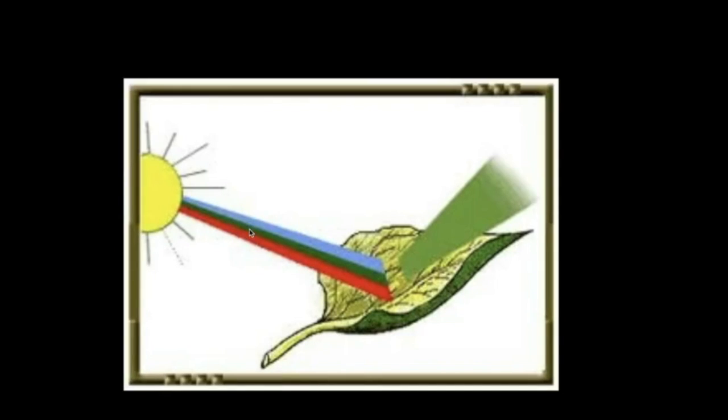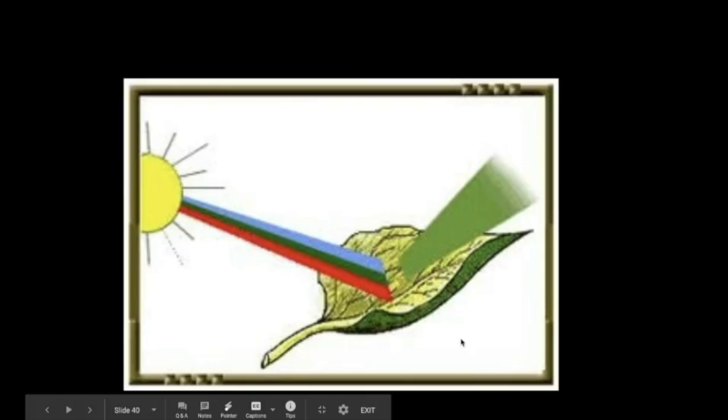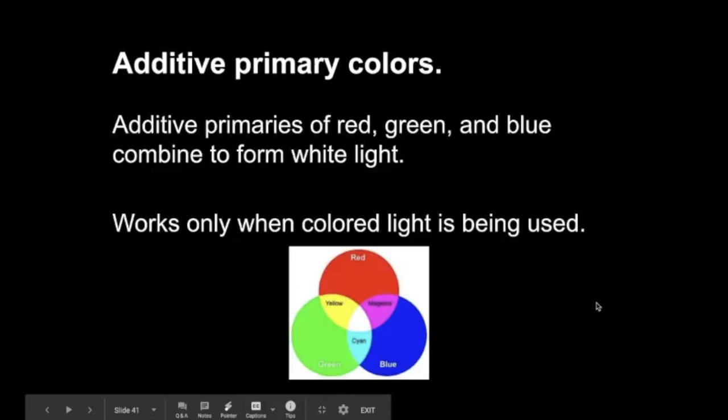Those are the three additive primary colors. All colors that we see are made up of those three colors. So yes, there is orange light and yellow light, but those are mixes of red and green. And so the red and blue is getting absorbed by the leaf. Only the green is able to come off.